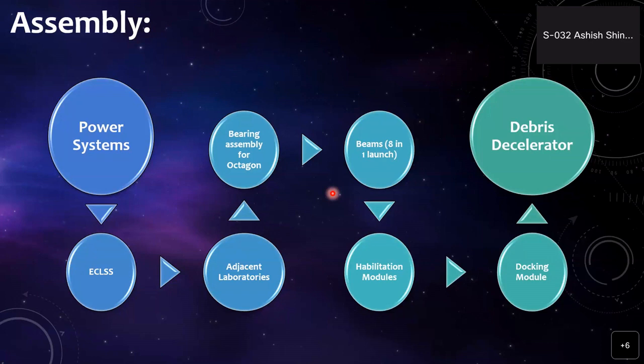Next are habitation modules for more things coming onto the space station, like space tourists and more research and development people. Next, modules for further modules to be docked, like sweeping modules and thermogens, etc. And finally, we will activate the debris decelerator when the space station is collectively ready for the whole mission.